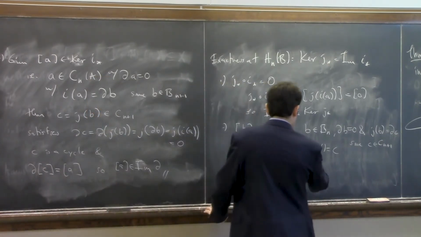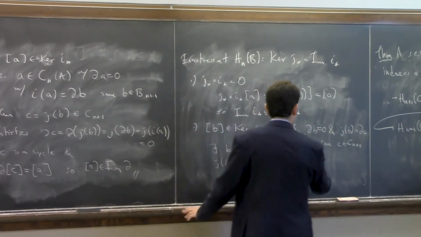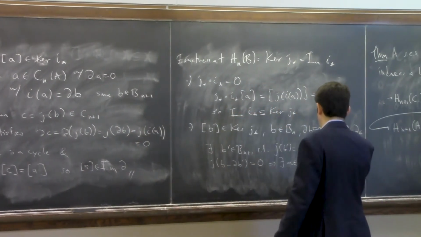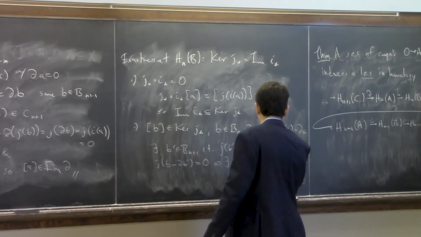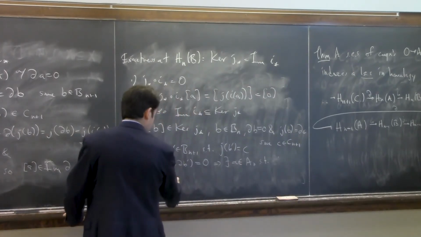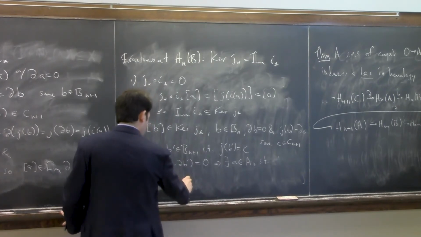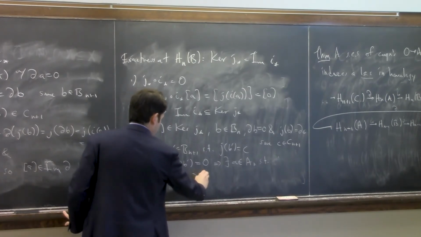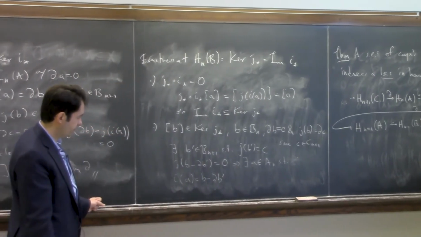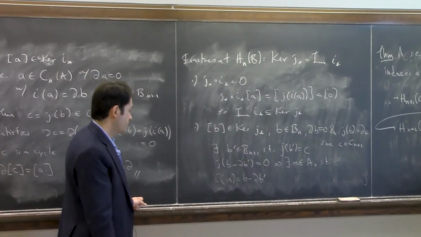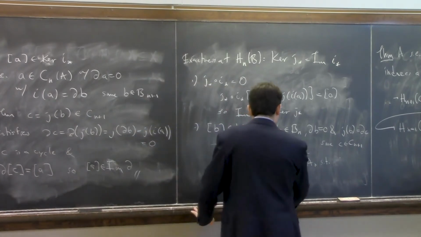Right? So there exists an A in A_n such that I of A is equal to B minus boundary B prime. Okay.